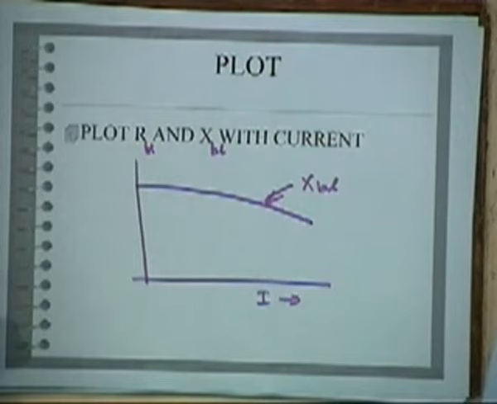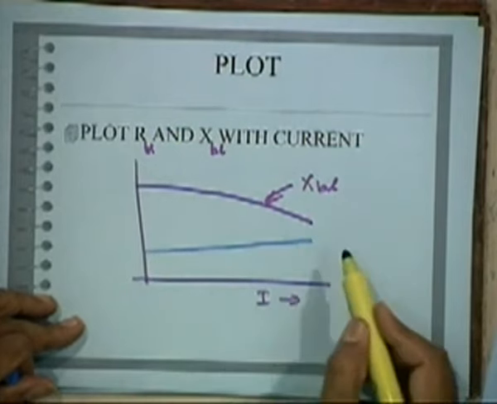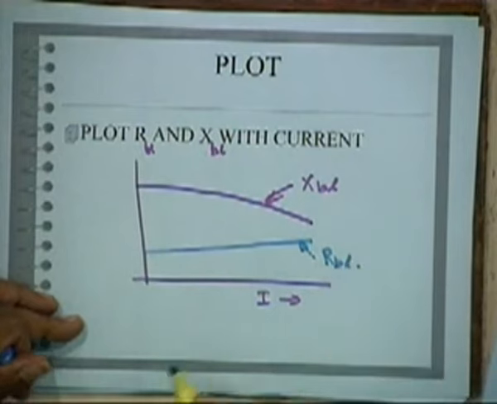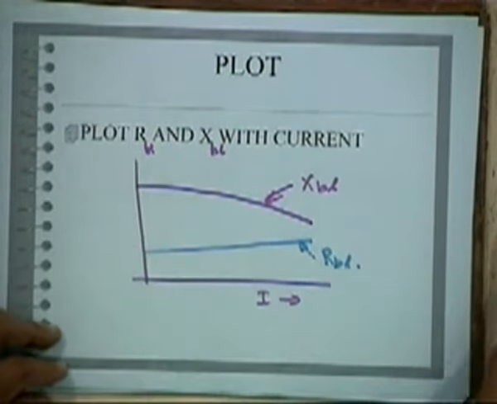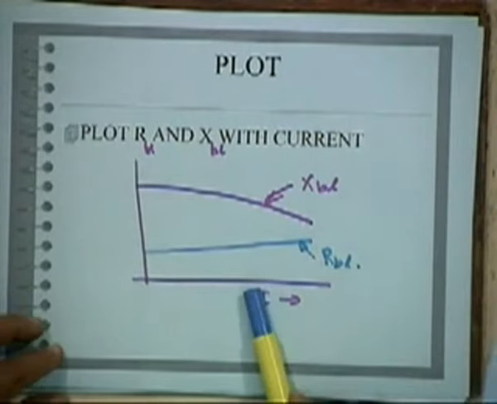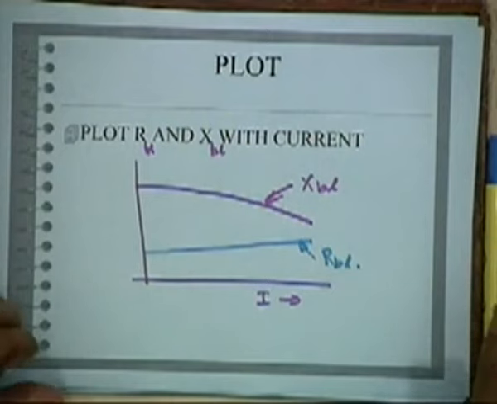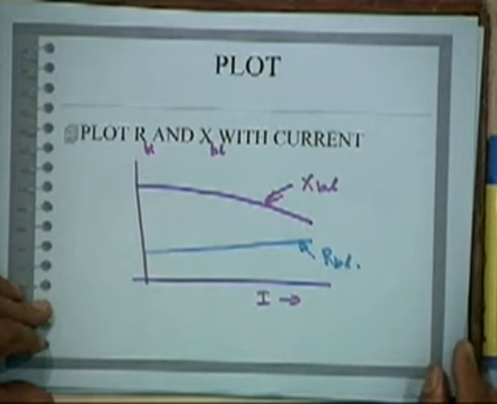R blocked rotor you also expect to be constant, but it is possible it may go slightly higher because it might have reached some temperature. This will be R blocked rotor. So you will have an idea of the leakage reactances for different currents. Therefore, if the motor is operated at different times, leakage reactance will be different.